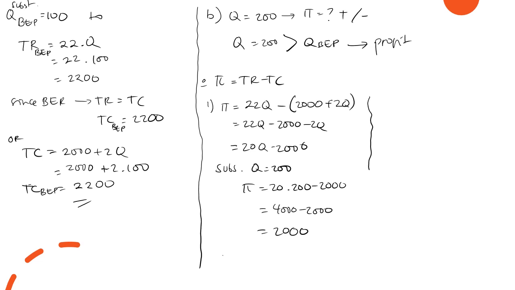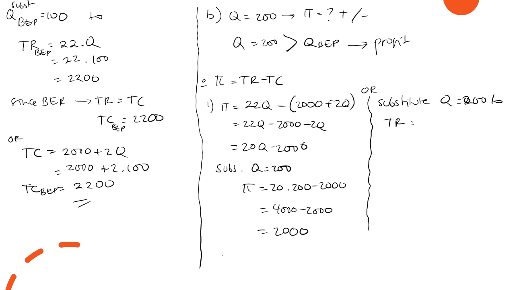And the second way, you calculate one by one. So TR first, substitute Q 200.